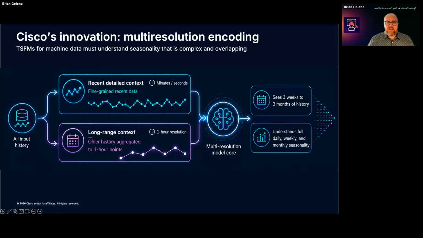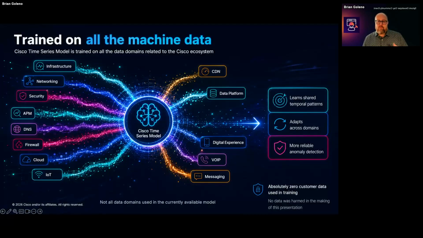The other thing that makes our model specifically attuned for machine data is the breadth of the data domains that we are already trained on and that we are continuing to train on as we expand the model throughout the roadmap this year.